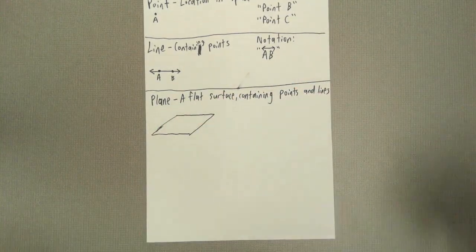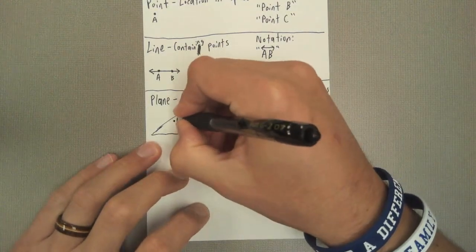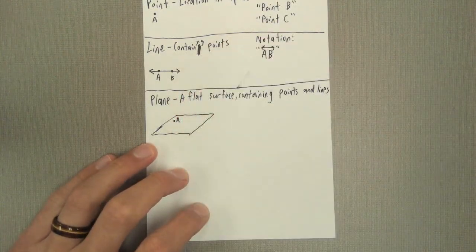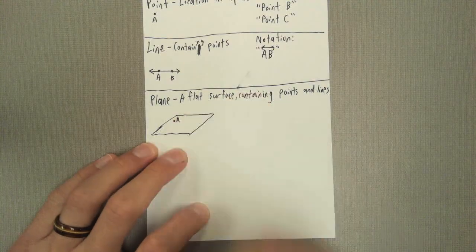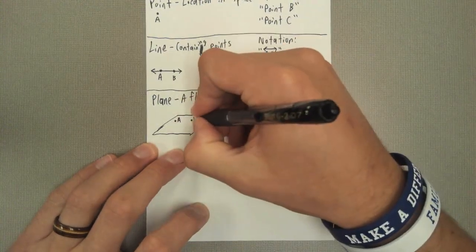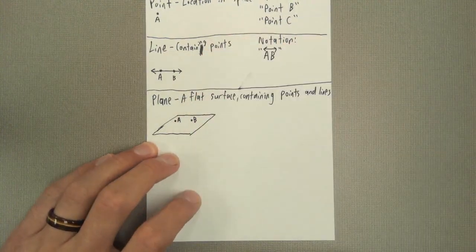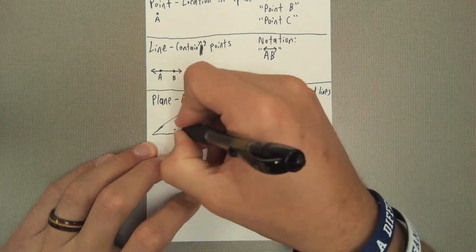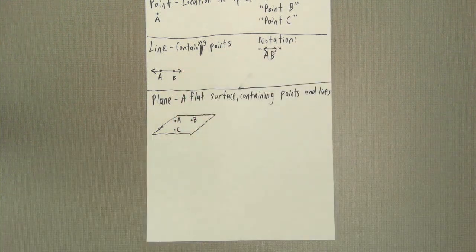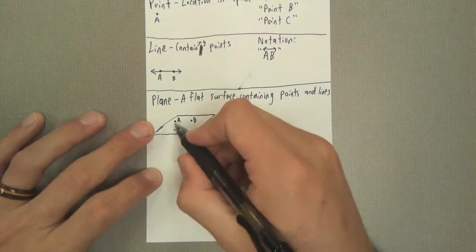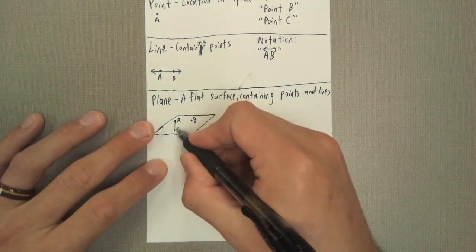Now it could contain different points. Let's say point A, point B, and point C are in that plane. No matter how I draw this, I have a triangle.